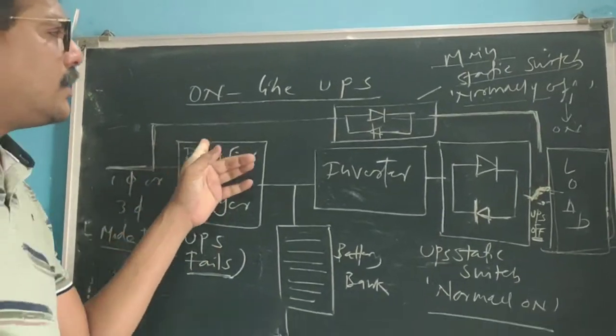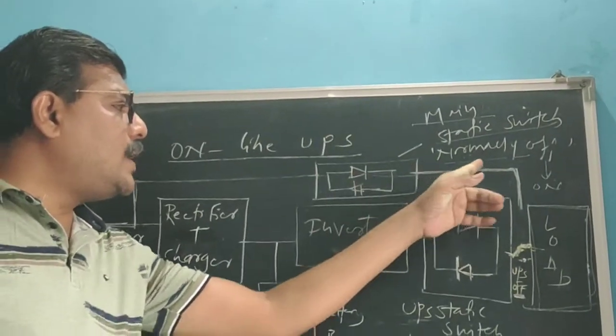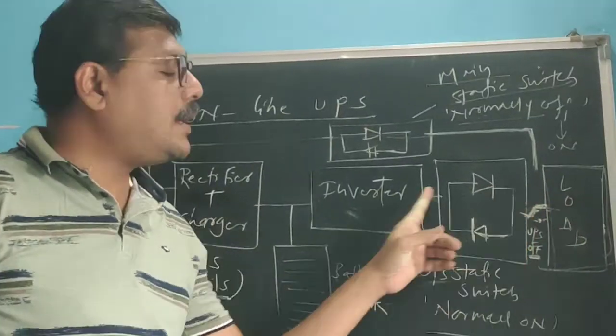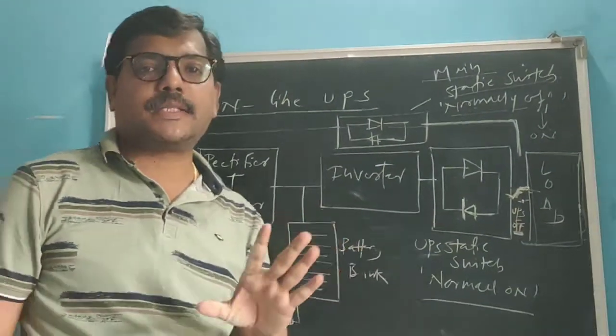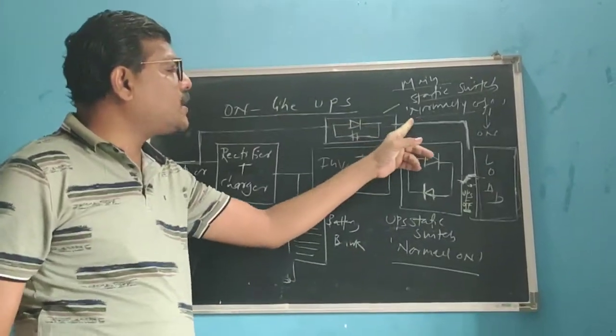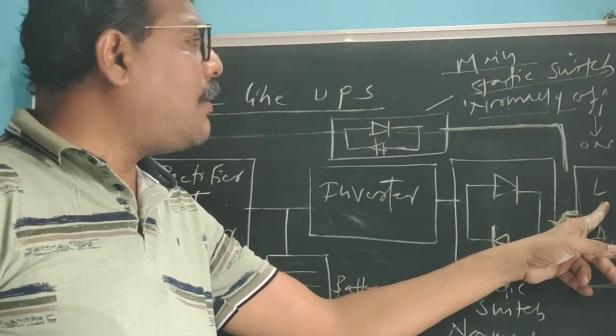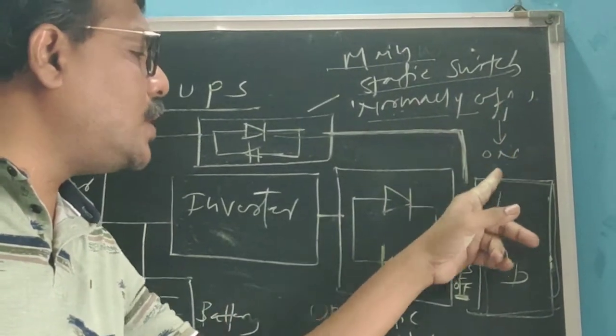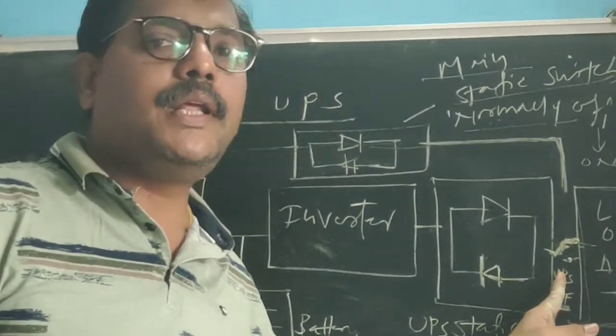This mains supply is directly connected to the load whenever the UPS system is to be bypassed. At that time your main switch gets directly connected to the load. Remember that your static switch should go from normally off to on position, and the UPS switch should be disconnected.